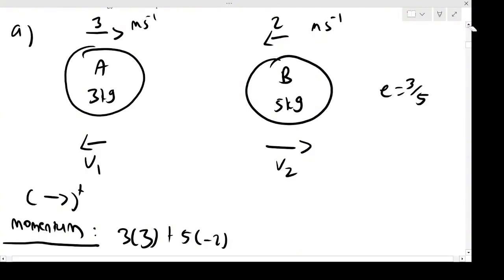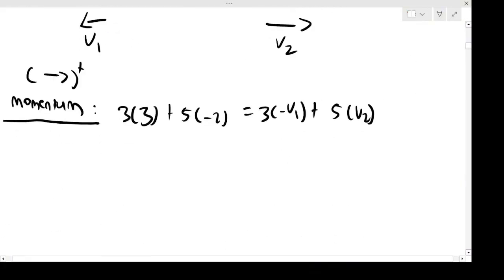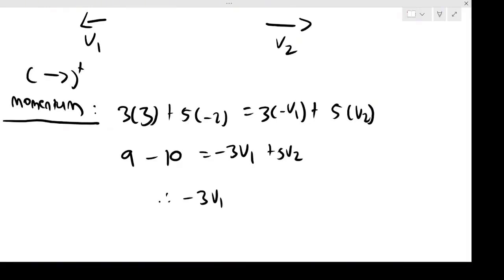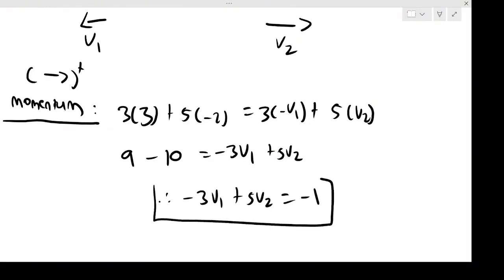Then that's going to equal 3 lots of minus V1, again that's negative, add 5 lots of V2. So we can simplify this to get 9 minus 10 is minus 3V1 add 5V2. Therefore, we get minus 3V1 add 5V2 equal to minus 1. And that's my first equation.